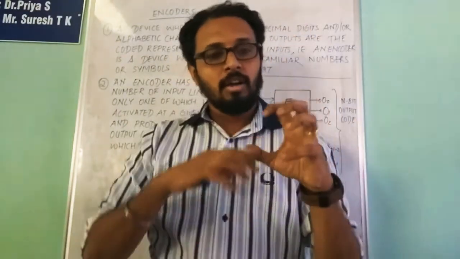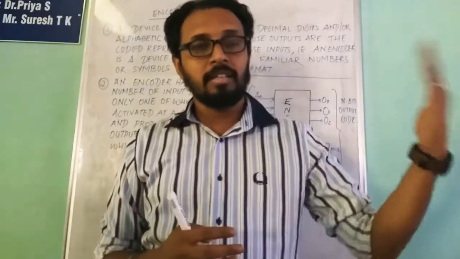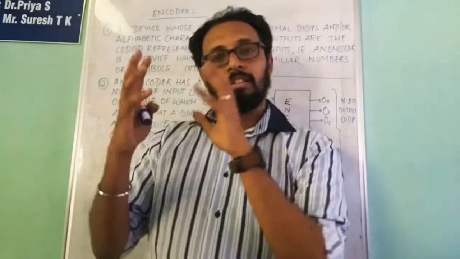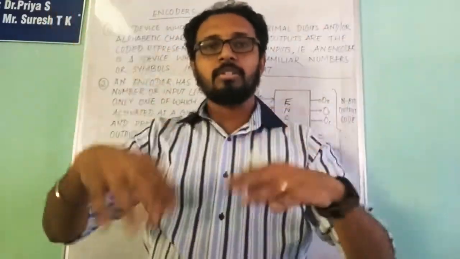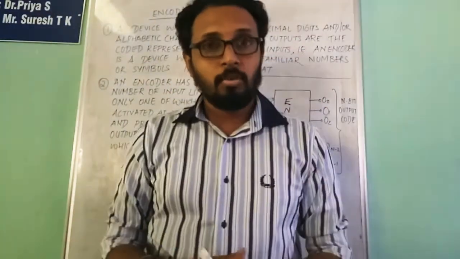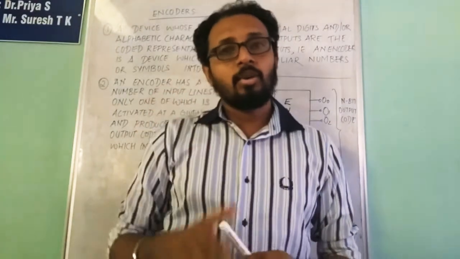If we have data, we encode it, that is make it into a form that is not recognizable by others, and we send it. At the receiving end, we just perform the opposite of that. Now we are going to discuss the encoder concept.